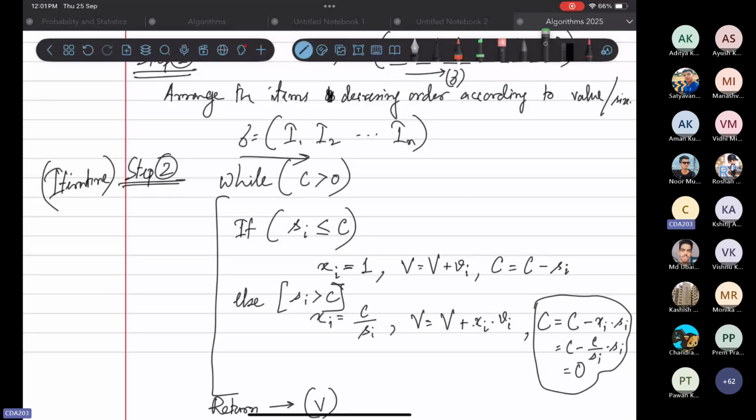What if capacity still exists? That will not be the case. Whenever we are choosing some fraction, what fraction are we choosing? As much as we can. And once you do that, your remaining capacity becomes 0. Is this point clear?